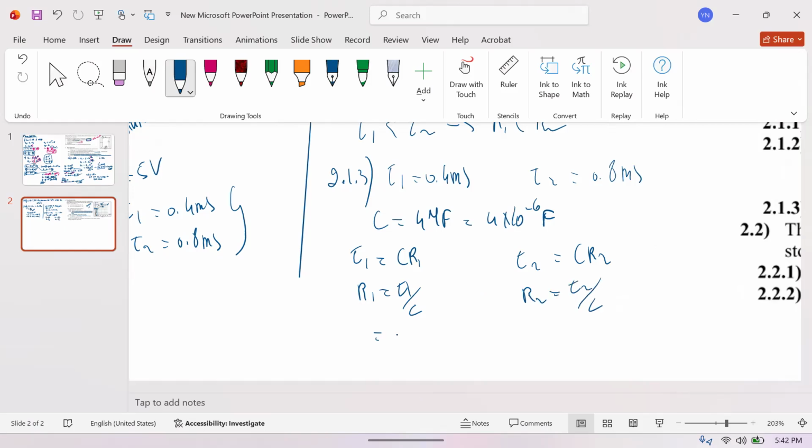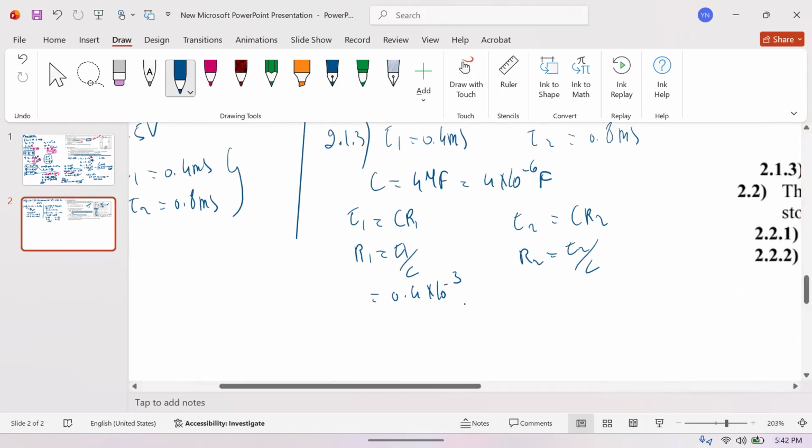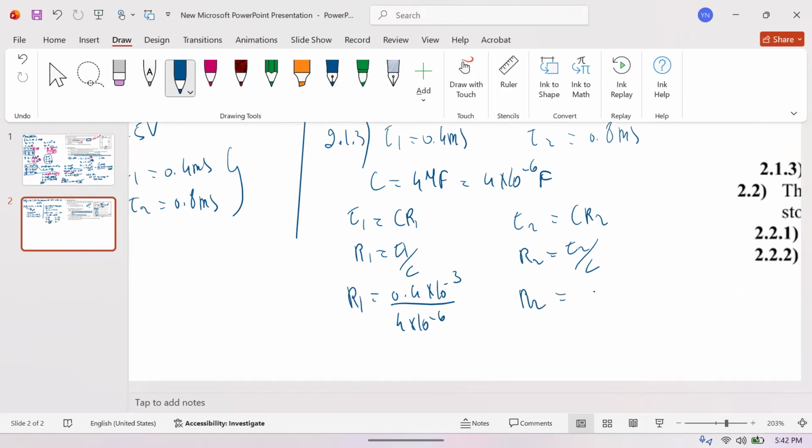Tau 1 is 0.4 milliseconds, so we multiply by 10 to the power minus 3 to convert it to seconds, over C, which is 4 times 10 power minus 6. This is R1. What about R2? R2 is tau 2, which is 0.8 milliseconds converted to seconds, over 4 times 10 power minus 6.